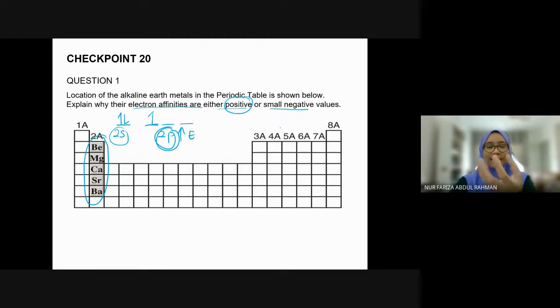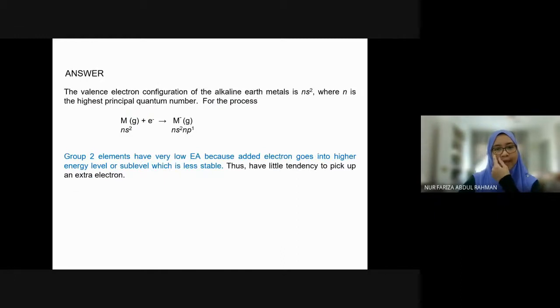Okay, normally bila dia accept electron, dia akan release energy, because starting from here, bila dia accept electron, dia become lower. But not for group 2, group 2A. Okay, so that's the reason. Because added electron goes into higher energy level or sub-level which is less stable.